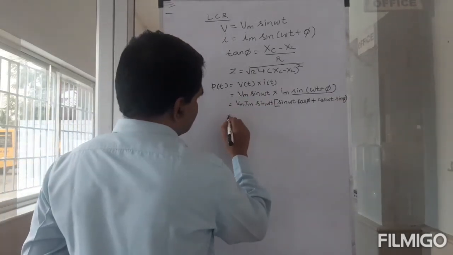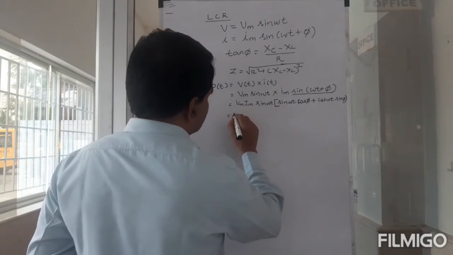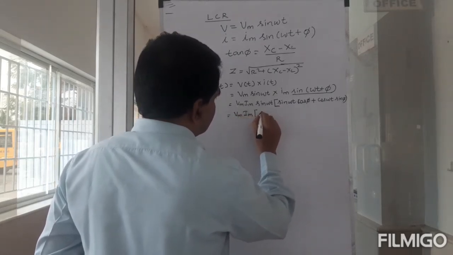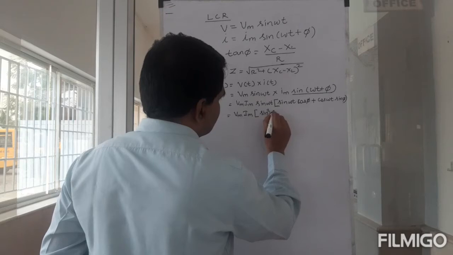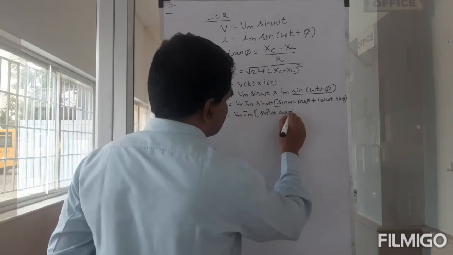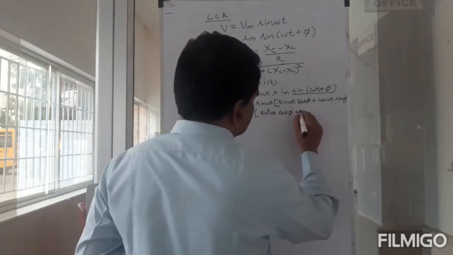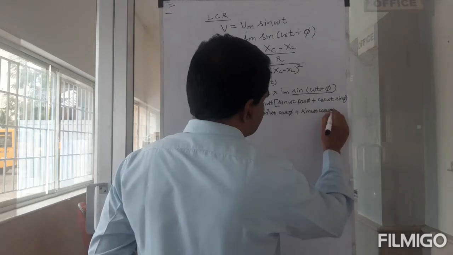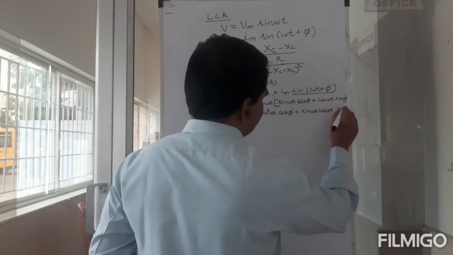So if I do that, that's going to be Vm Im, sine squared omega t cos phi plus sine omega t cos omega t into sine phi.